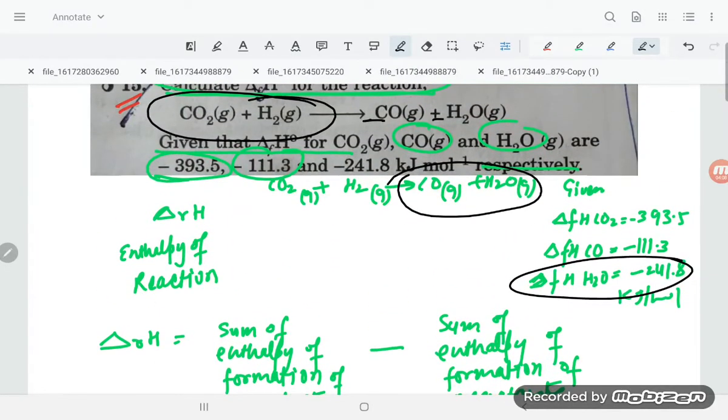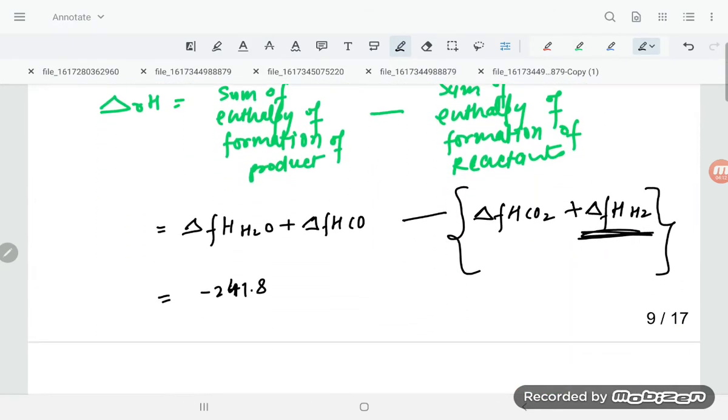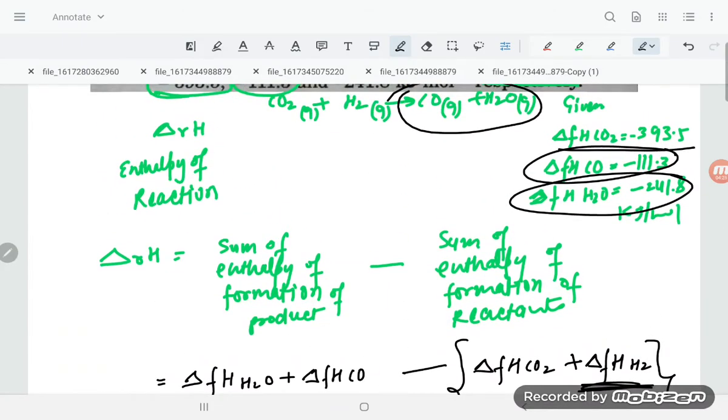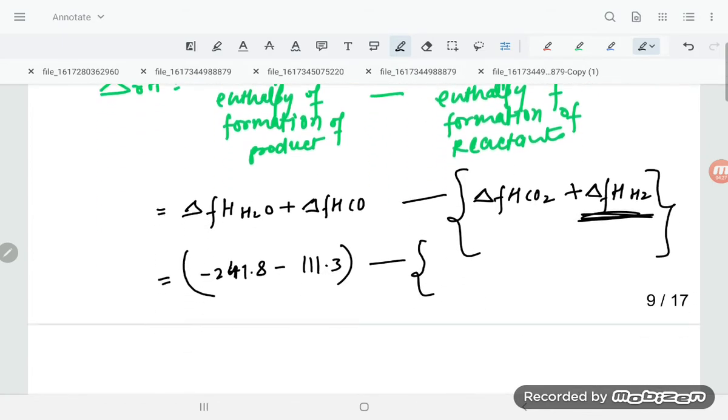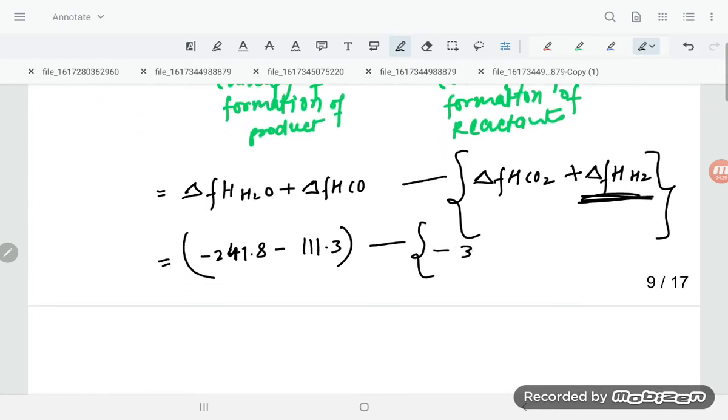Then ΔfH of CO, you can see it is 111.3, so it will be minus 111.3 with the negative sign. In the middle bracket, CO2 is minus 393.5.